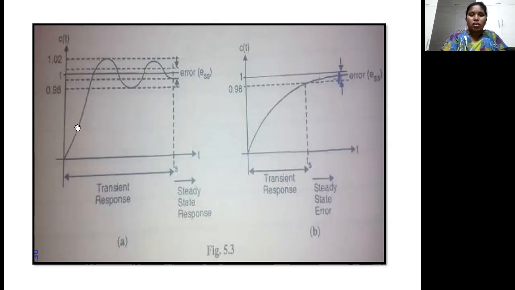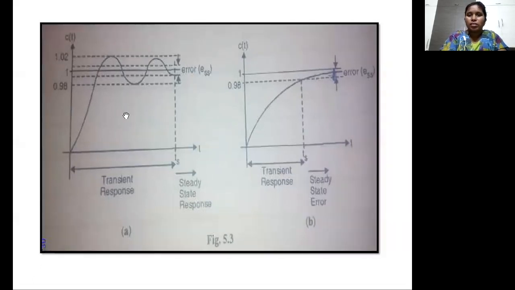In the transient response there exists an alternating waveform. That means the output is not a constant up to TS. Here also the output is not constant, but varying linearly. The output is represented with C of t, and on the x-axis we represent the time t.